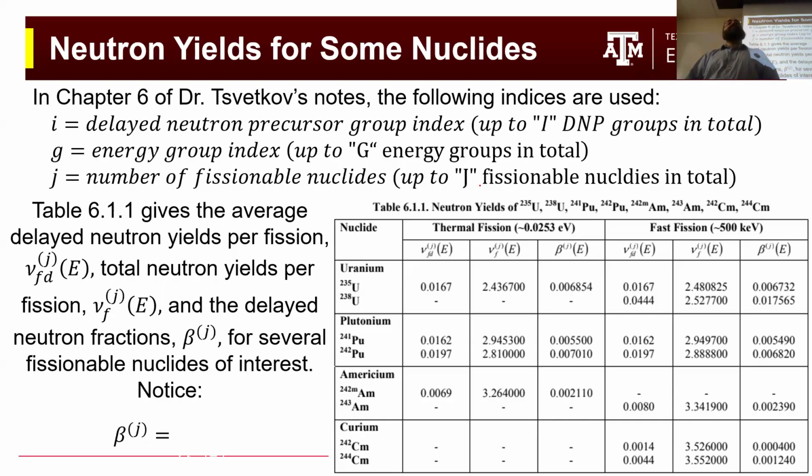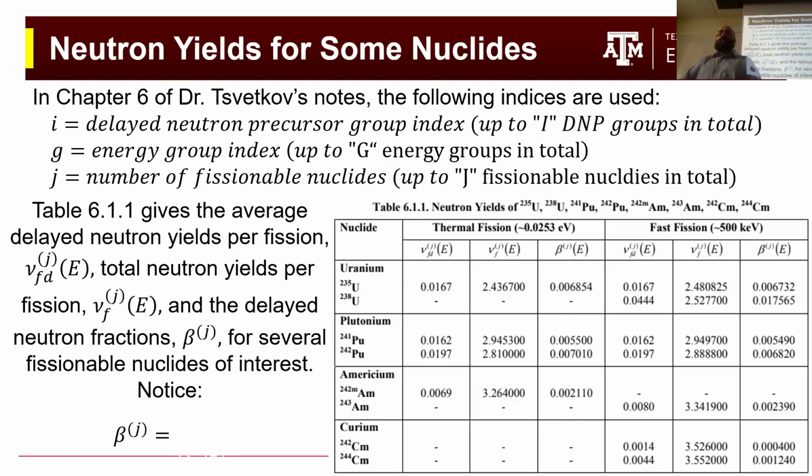So with all of the indexes that you'll see in this section, there's an index I, which is for the number of delayed neutron precursor groups, and we already talked about that. G is the index for the energy group, and that's another thing that we've already seen and discussed. But there's a new index that you'll see, which is J, and that's for the number of nuclides that can fission in your fuel or in your system.